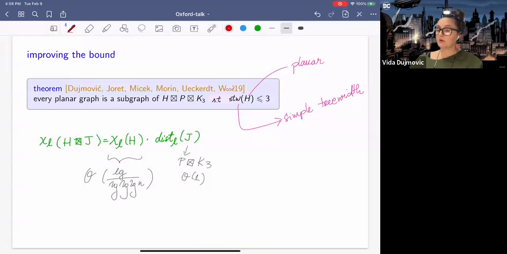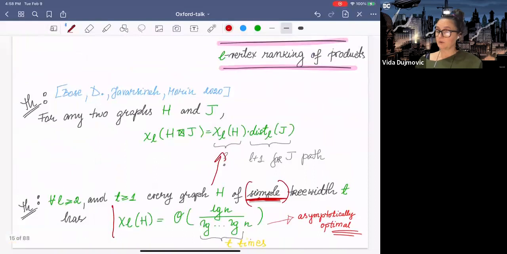So one of the things we also proved is a variant of the product structure theorem, which says that every planar graph is a subgraph of a product of 3 graphs this time. So it's not just a bounded tree-width graph times a path. We have a bounded tree-width graph times a path times a complete graph on 3 vertices. But this time we know something stronger about H, and that is that H is a planar graph and has simple tree-width 3. So when we use that theorem to obtain our result here, we would get 3 log n over log log n, and that's the one that turns out to be optimal.